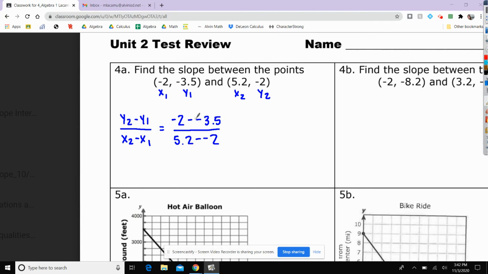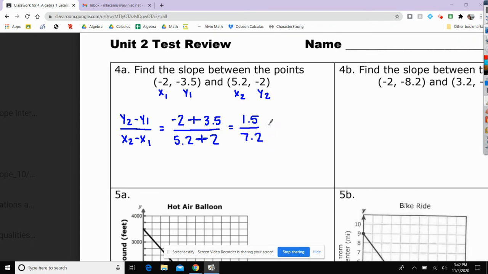And whenever we have minus and negative, that turns into a positive, so plus and plus. So negative 2 plus 3.5 is going to be positive 1.5. 5.2 plus 2 is going to be 7.2.